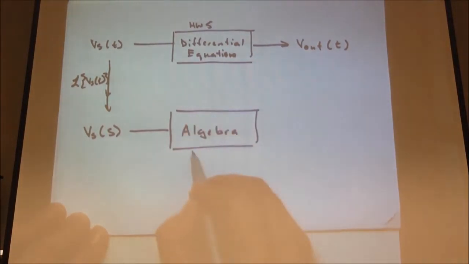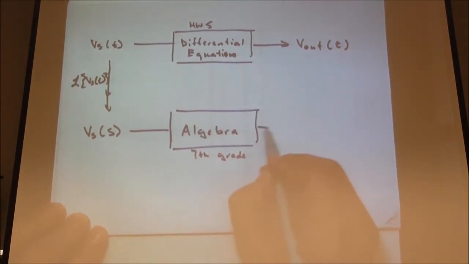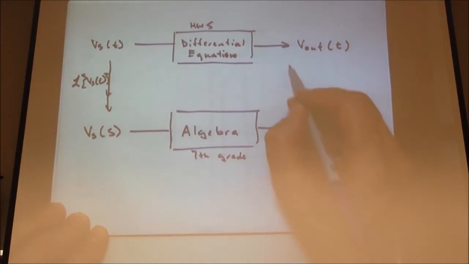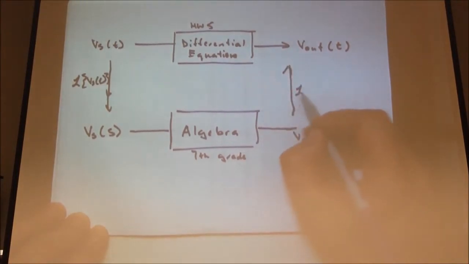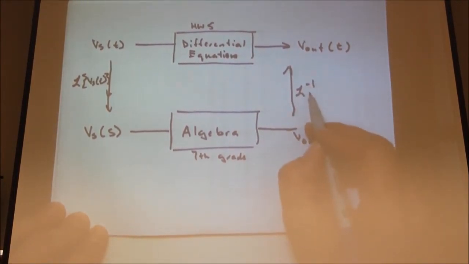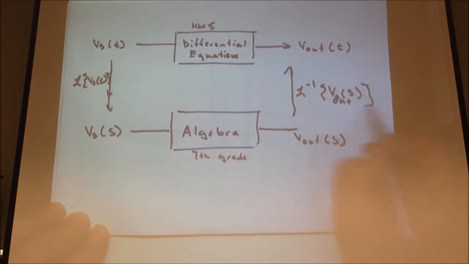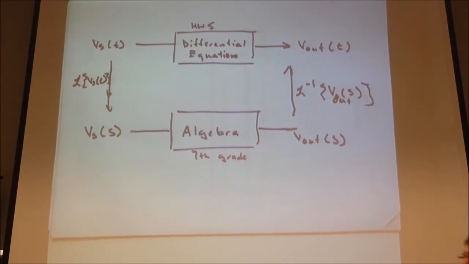So that was homework 5. This is 7th grade. And then we get an output, V out of s, in the s domain, and then eventually we transform that back using the inverse Laplace transform. That means inverse Laplace of V out of s. And then we get our time domain response. So we're using this as a tool.